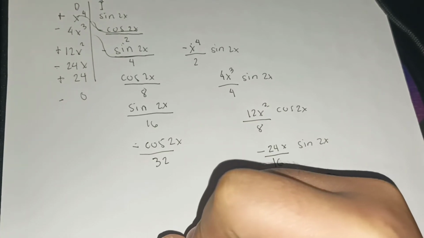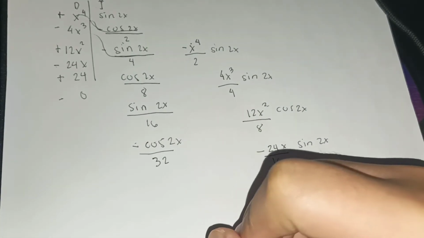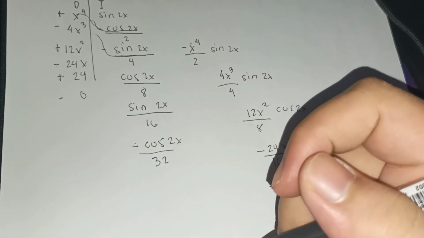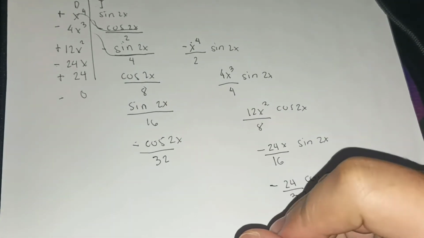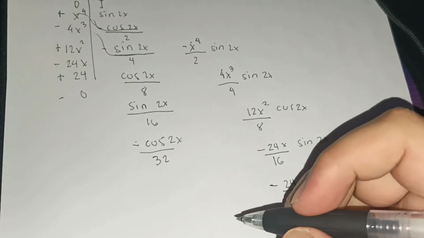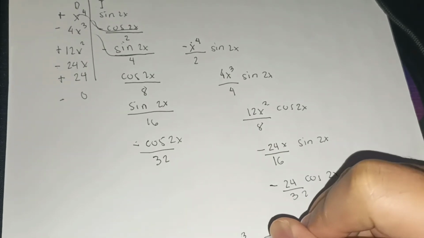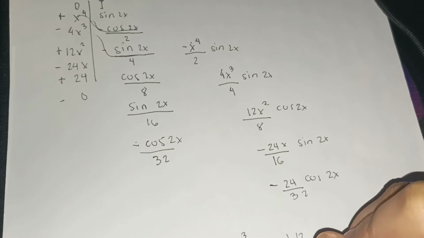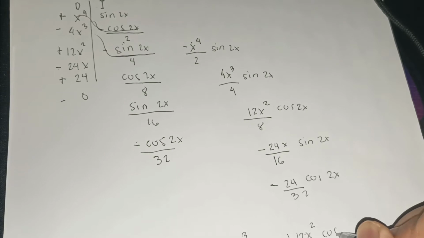Negative x to the fourth power over 2 cosine 2x, it's actually cosine, I apologize, plus 4x cubed over 4 sine 2x, plus 12x squared over 8 cosine 2x.